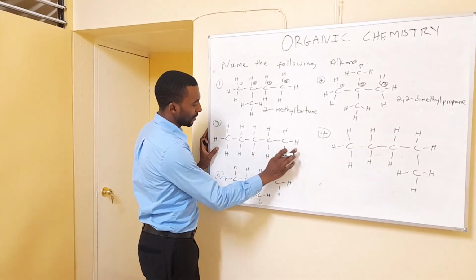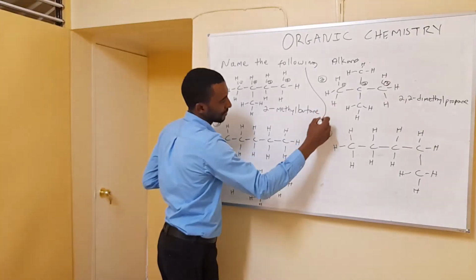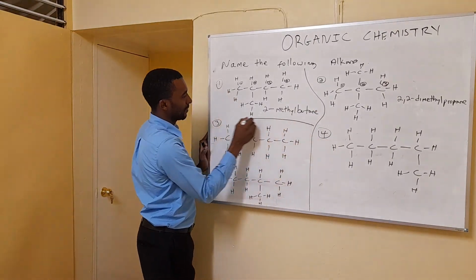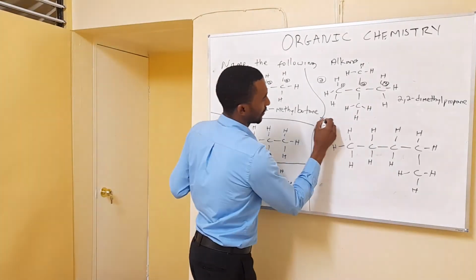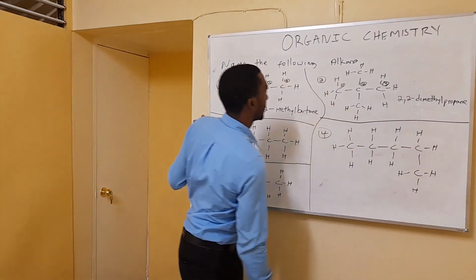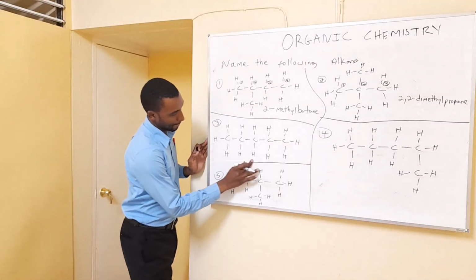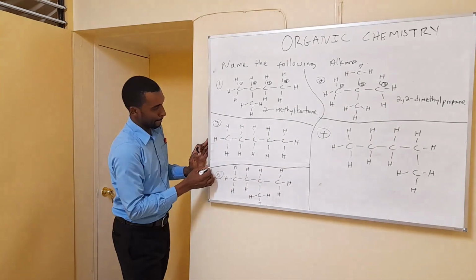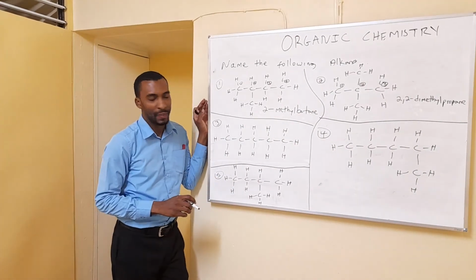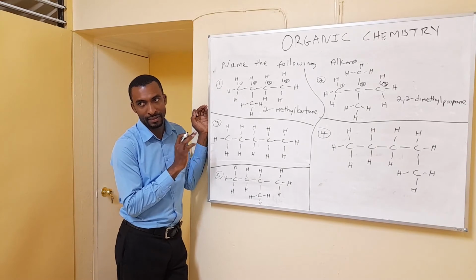What about this compound? What's the name of number 3? Is it a branched or an unbranched compound? That's the first thing you have to figure out.